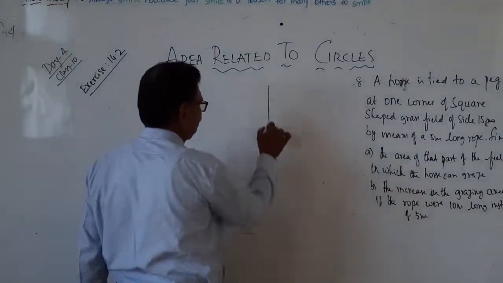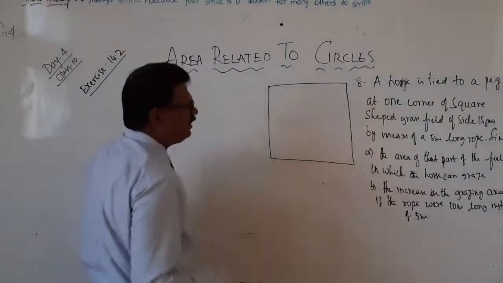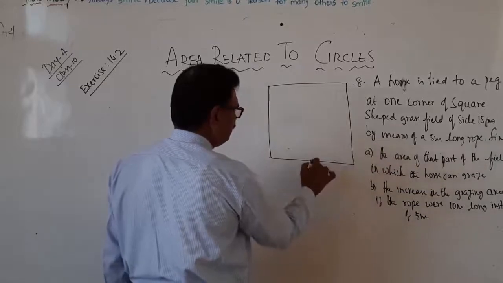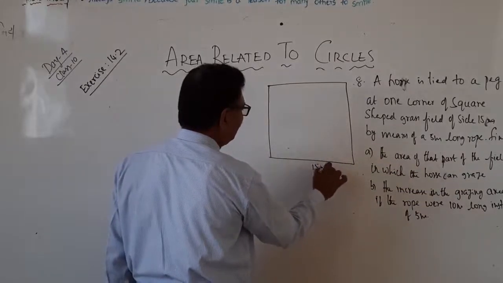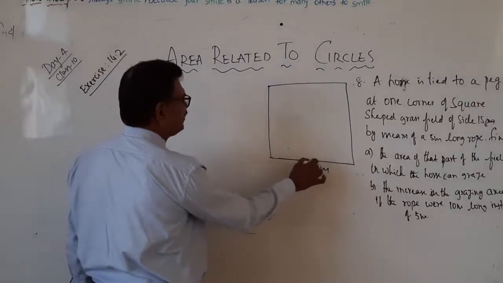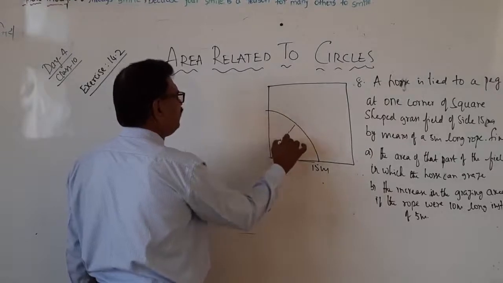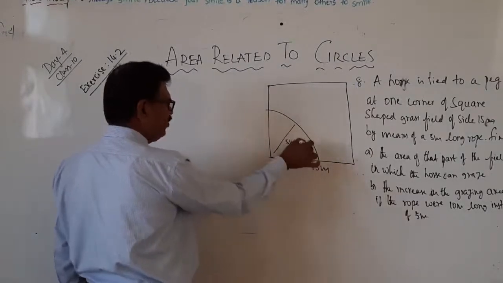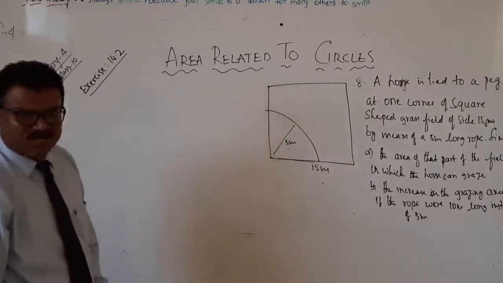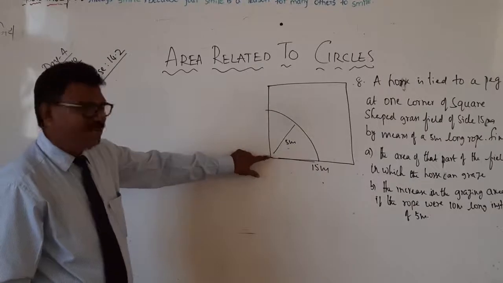This is the square shaped area whose side is 15 meters. Now they tied one horse. How much is the rope? 5 meters. We have to find out this area. It is nothing but a quadrant. What will be the angle? 90 degrees. Okay? Very, very simple.